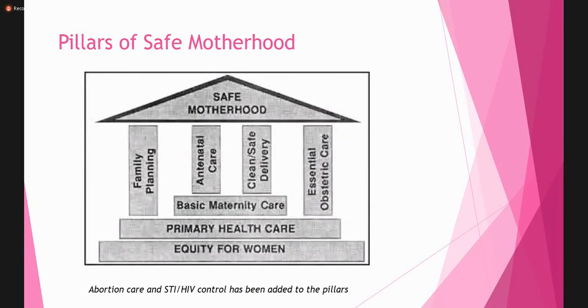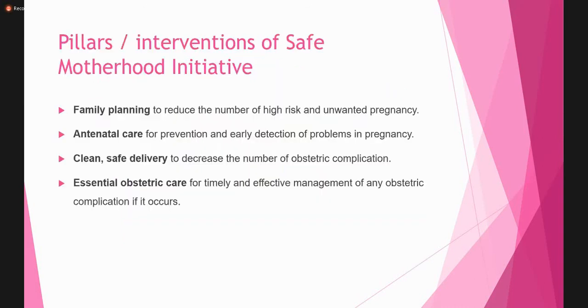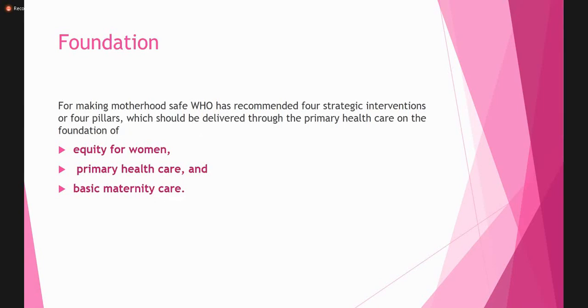And this is the model of safe motherhood, which includes family planning, antenatal care, obstetric care, postnatal care, abortion care, and STD and HIV control on the base of primary health care and equity for women and communication for the behavior change. These are the foundations.